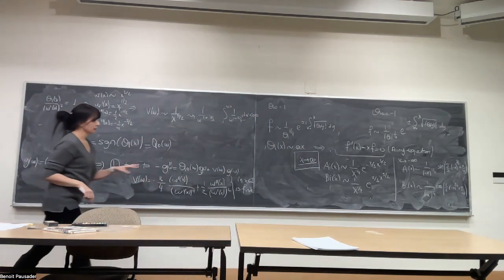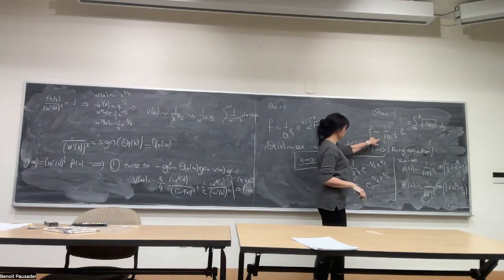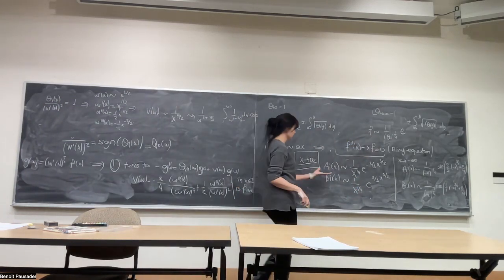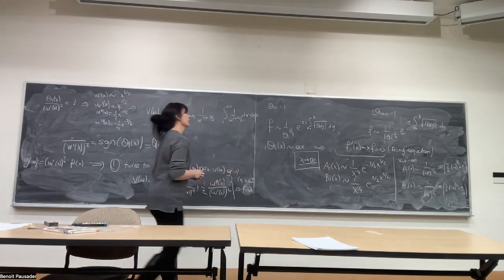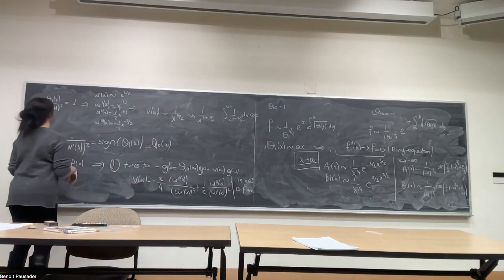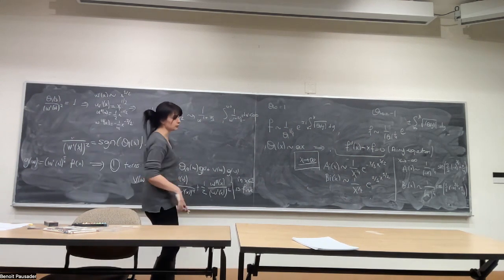So that's why this is going to be a good approximation, and that's exactly what is going to give us something like this, by just taking 2x equal x.